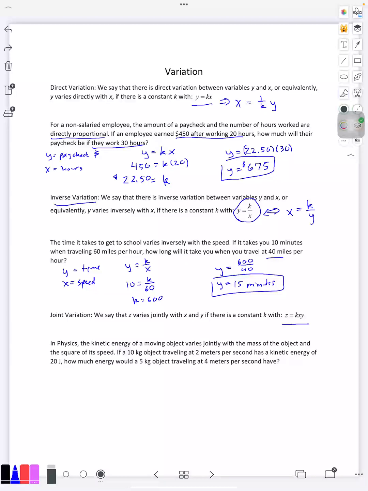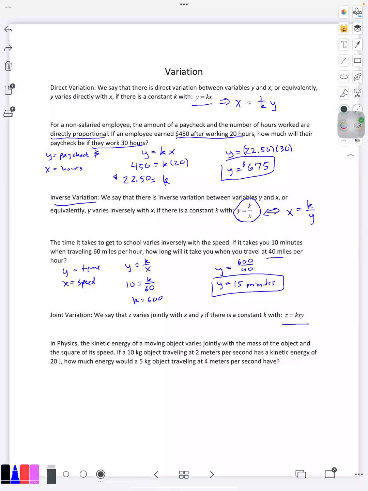And you can't so easily switch these things around like we did before, so it matters which way they write the sentence. So in this case, they say z varies jointly with x and y if z equals k times x times y. So it's kind of like directly proportional with x and also directly proportional with y.